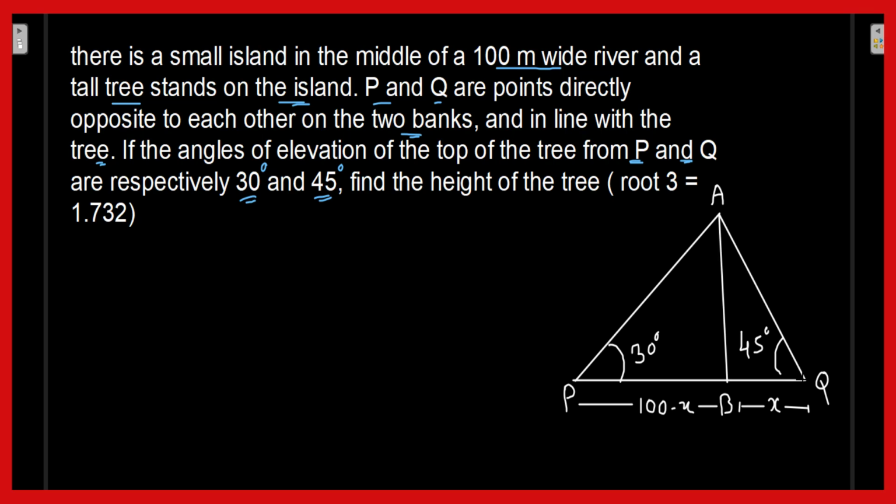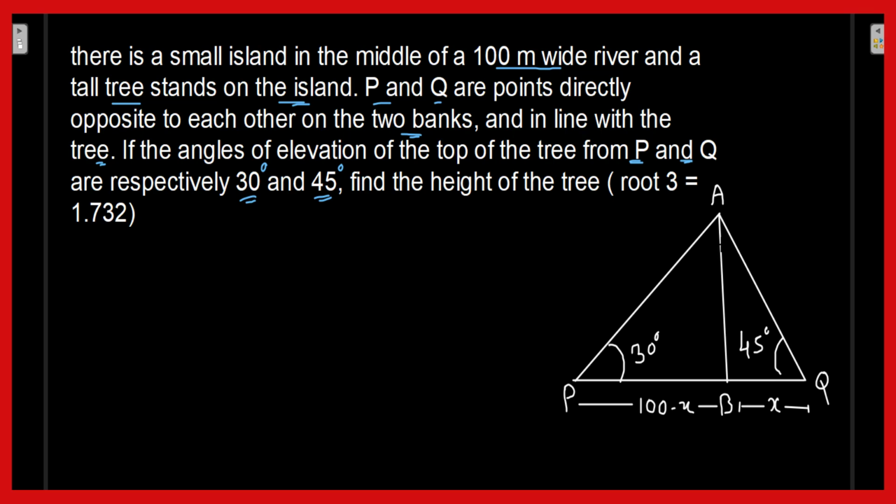This will be shorter, because as you go closer to the object, the angle of elevation increases, and if you go away from the object, the angle of elevation decreases. So this angle is 30 degree. It means that point P is away from the foot of the tree, and point Q is closer to the foot of the tree, because this angle is greater than this angle.